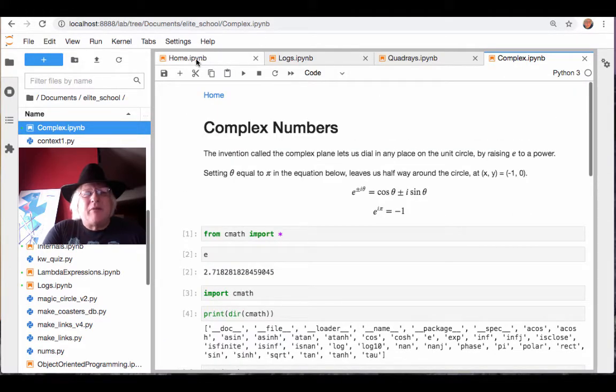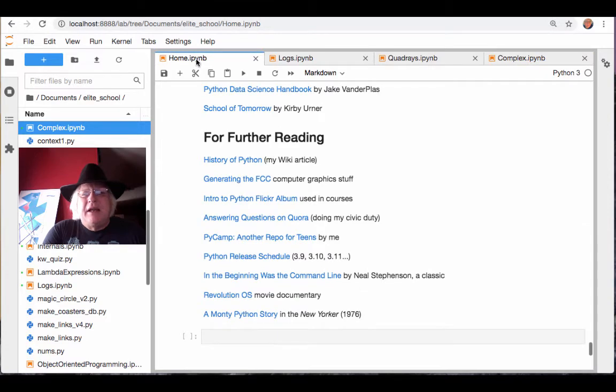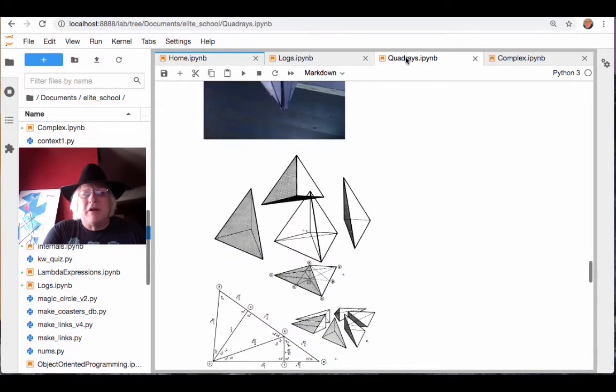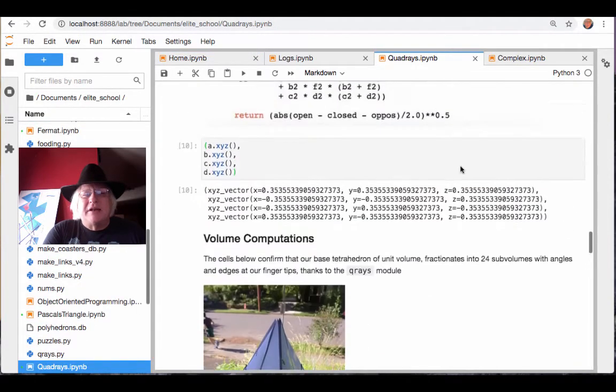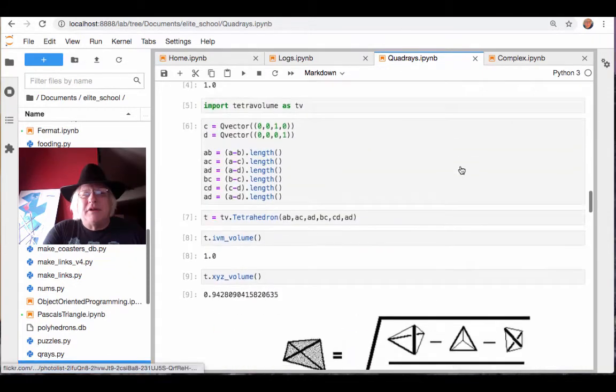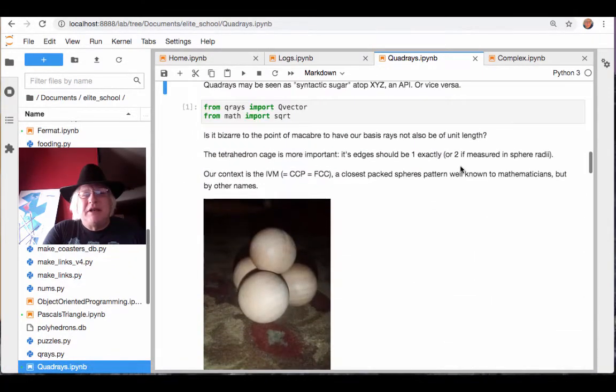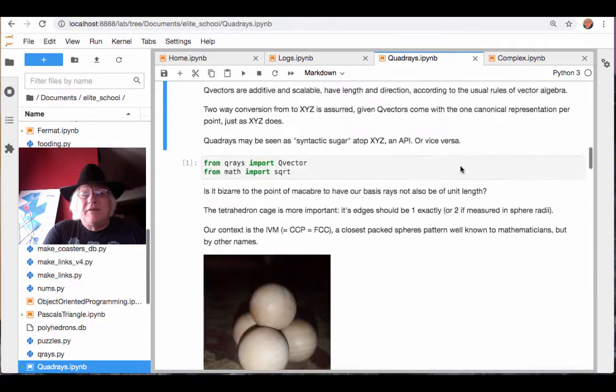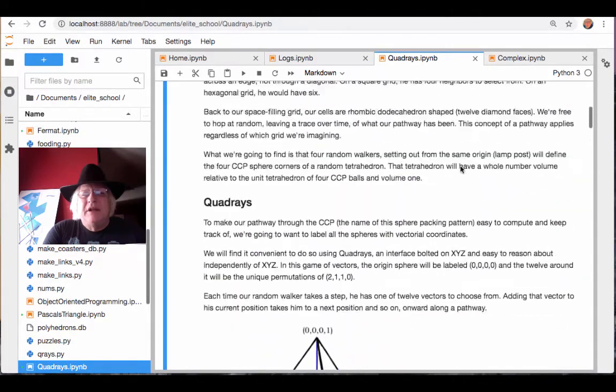It's going to have a lot more number theory in it, and this vector algebra called quadrays, which I call syntactic sugar, bolted atop XYZ, is going to really give them fast fluency in the Bucky stuff.